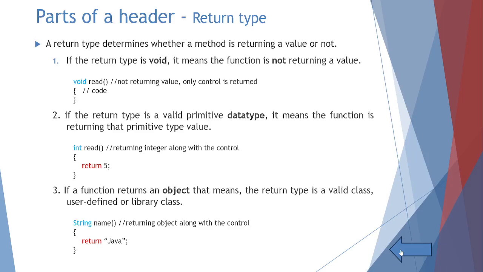Then I need to have a statement because I'm trying to return an integer. So return 5, that statement should be there. If a function or method returns an object, it could be a user defined or a library class. See the example, String name, not void name. Return some string in double quotes or a string variable.